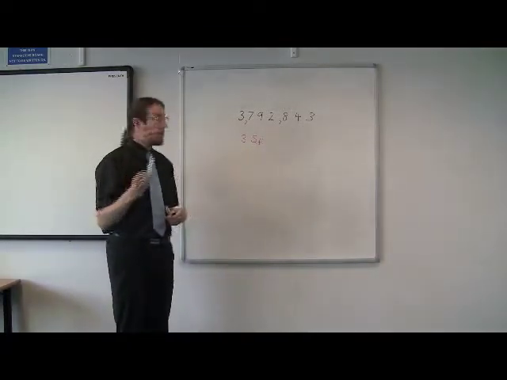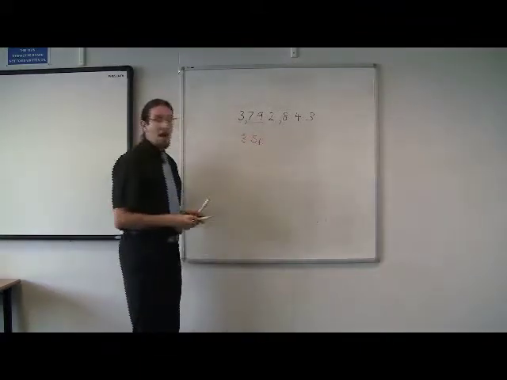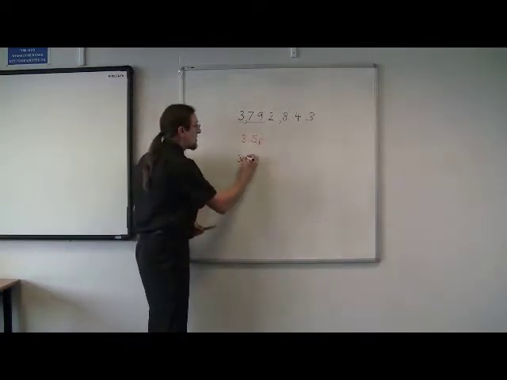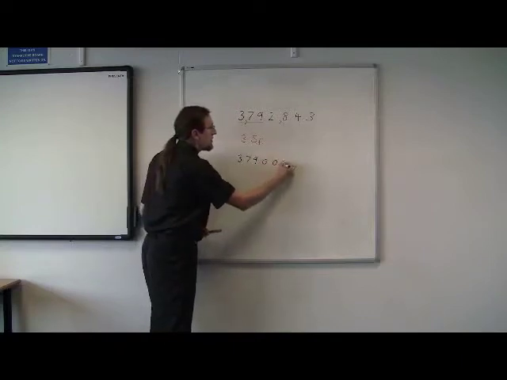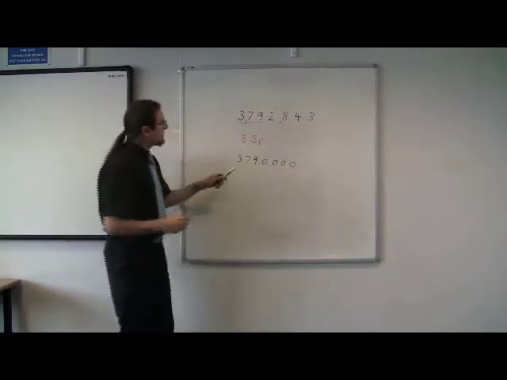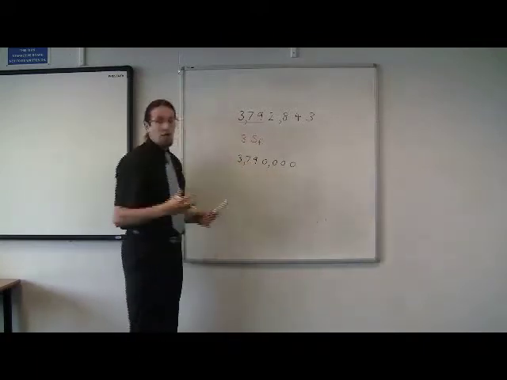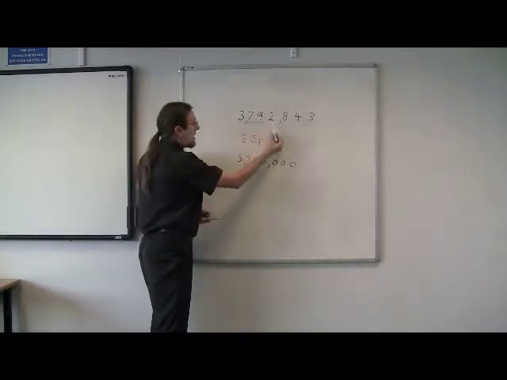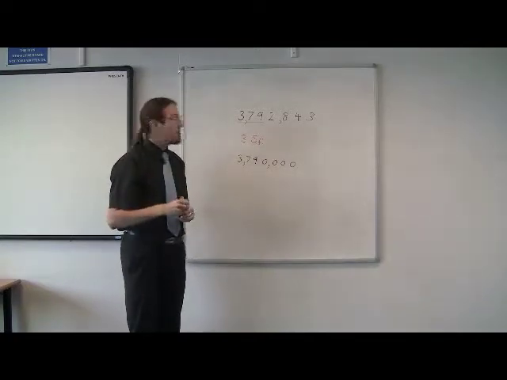We have a look at the first 3 numbers, and everything else becomes zeros. So it becomes 379,000. In other words, we've rounded it to 3,790,000. Now, had this 2 been 5 or higher, we would have had to round up. So that's where you have to be careful.